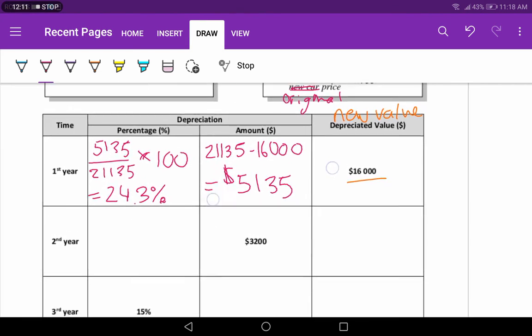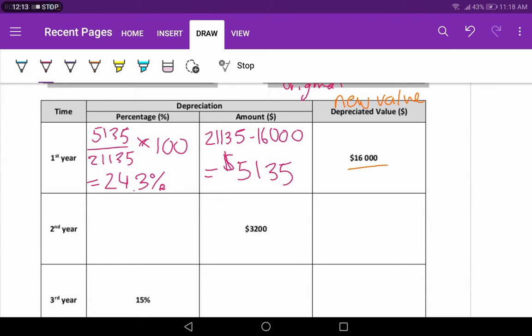Okay, let's see what happens in the second year. The information we're given here is that the amount we depreciated was $3,200. To figure out our depreciated value, or our new value after that depreciation, all we have to do is take the new value of our car based on the last year, because we're not going to move backwards.